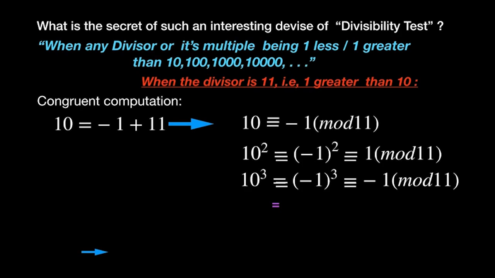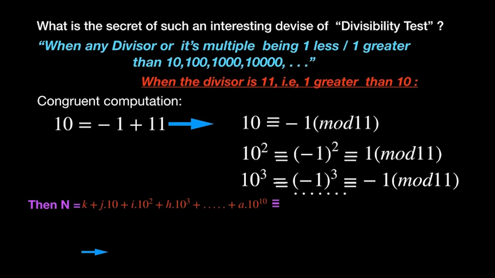So in this way, even powers of 10 will give only positive 1, and odd powers of 10 will give minus 1 as the remainder. So we get the remainder value of the number n by putting the values of the various powers of 10 in the number expressed as a summation of powers of 10 multiplied with digits.